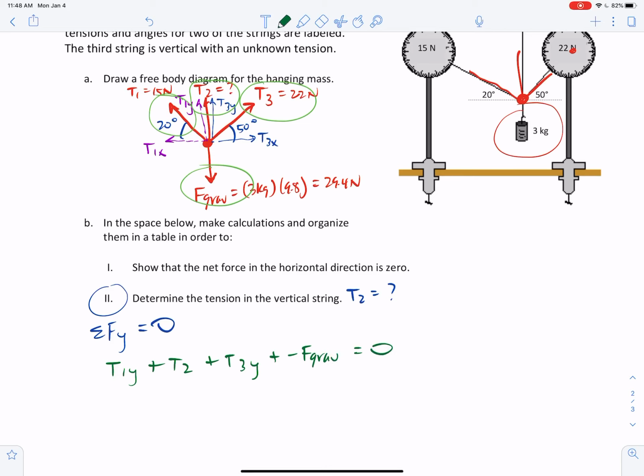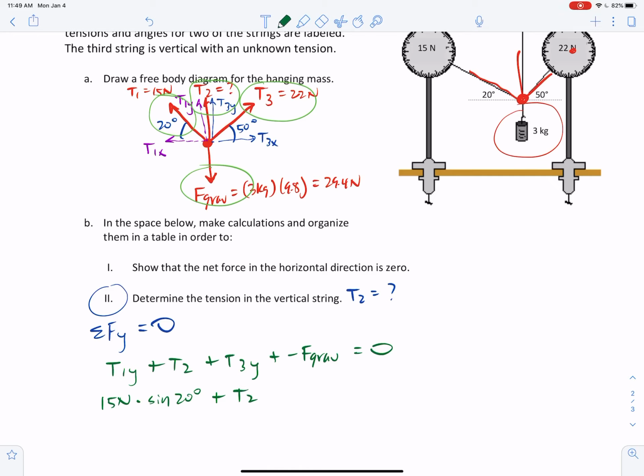Again, the goal is to figure out what T2 is. So here we go. T1y is going to be the value of T1, which is 15 newtons, times the sine of that angle, 20 degrees. T2, I do not have to break up into components. It's already 100% vertical, so I'm just going to leave it as is.